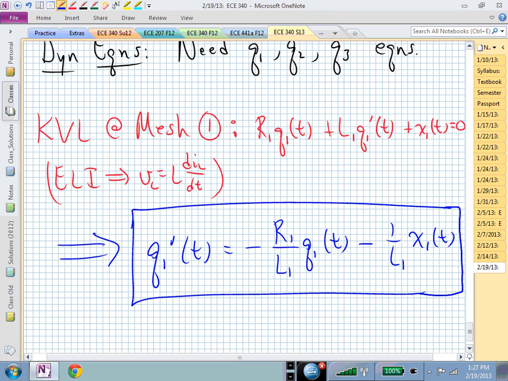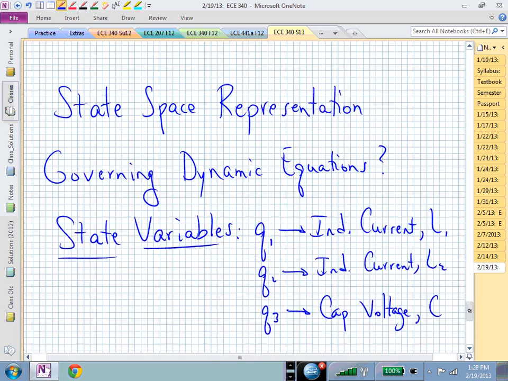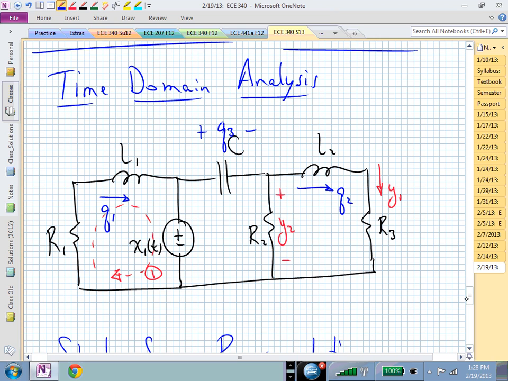Now what do I want to do? Maybe I need to look at the circuit again. That worked pretty quick, didn't it, on the left mesh? But now if I look at the right mesh, I don't have a current flowing through R sub 2, do I, directly in terms of my state variables.